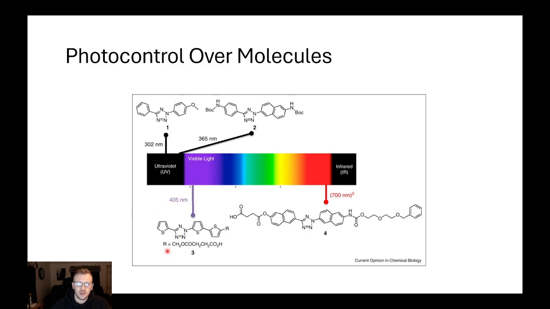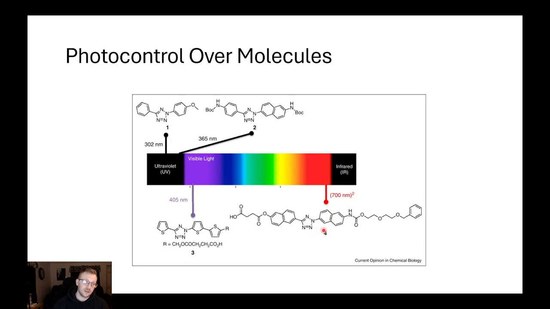And then we go down here to this one. Now we have a different architecture, but we still have our cyclized ring, and we're absorbing light at 405 nanometers. And then you go to this beast of a molecule, right? We've got a whole lot of stuff going on here, but we still have a cyclized nitrogenous ring that is absorbing at 700 nanometers now.